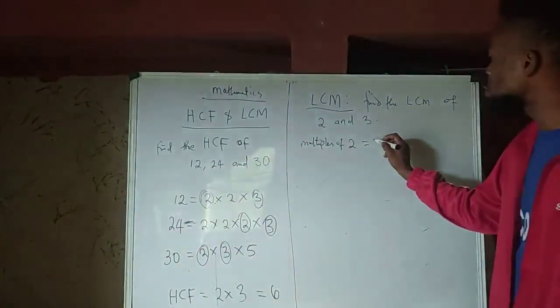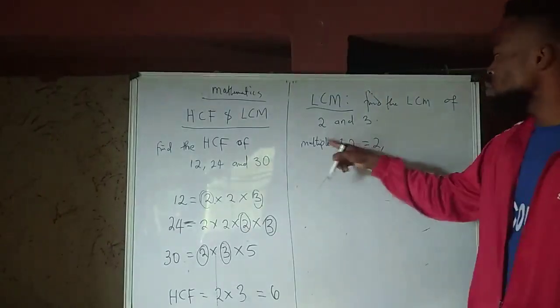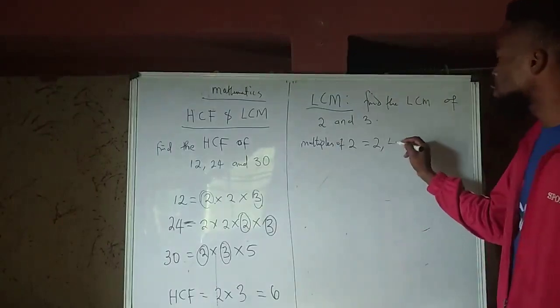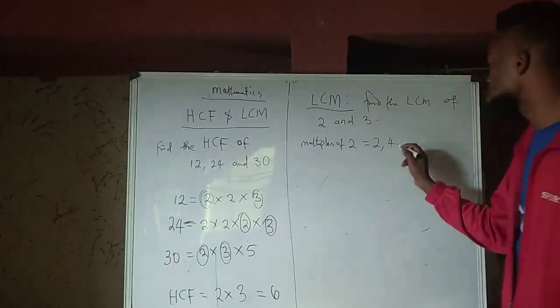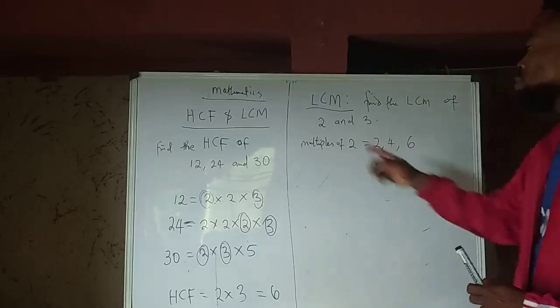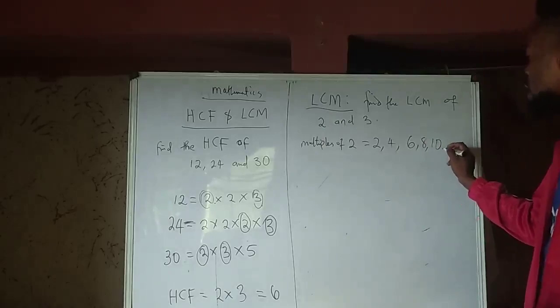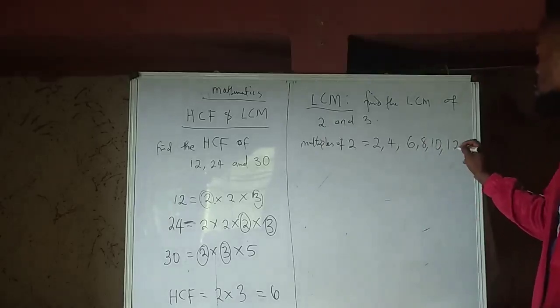So 2 times 1 is 2, so 2 is a multiple of 2. 2 times 2 is 4, 4 is a multiple of 2. 2 times 3 is 6, 6 is a multiple of 2. 2 times 4 is 8, 2 times 5 is 10. The next one is 12.